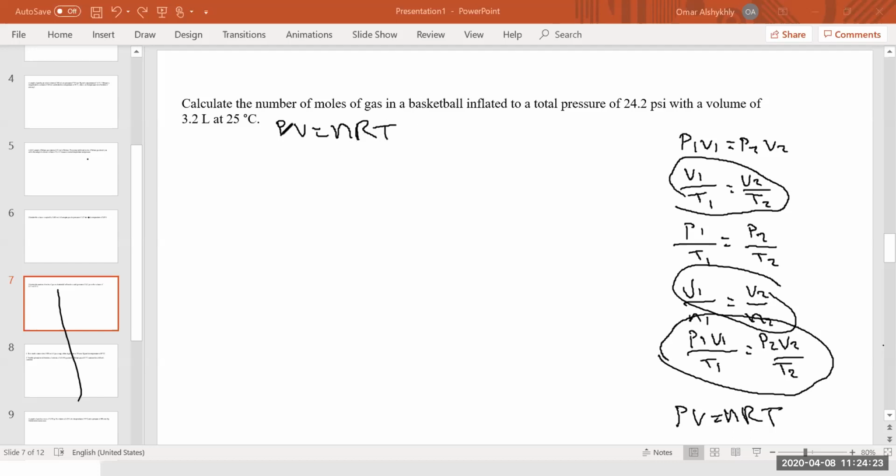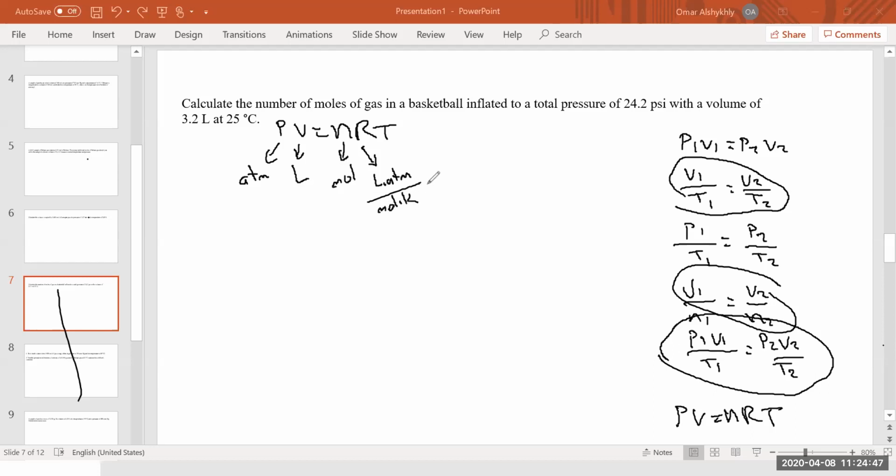Don't forget, guys, the unit here is very important. Pressure is supposed to be in atmosphere always. Volume in liter, n in mole. R is a constant, liter times atmosphere divided by mole times Kelvin.